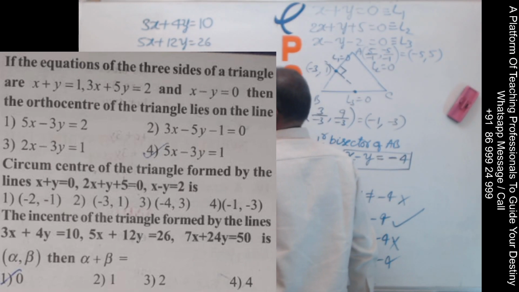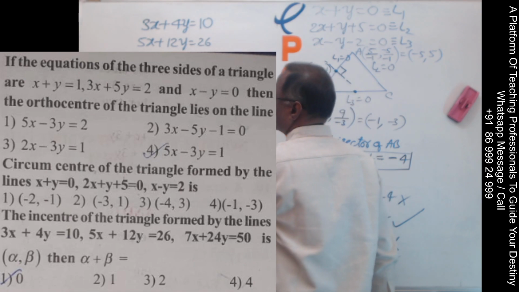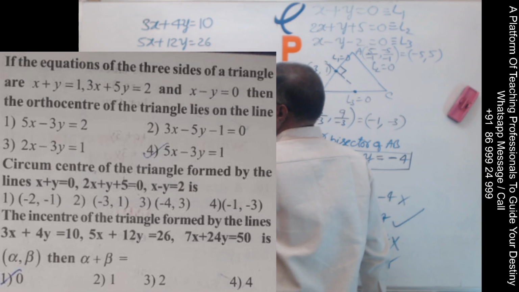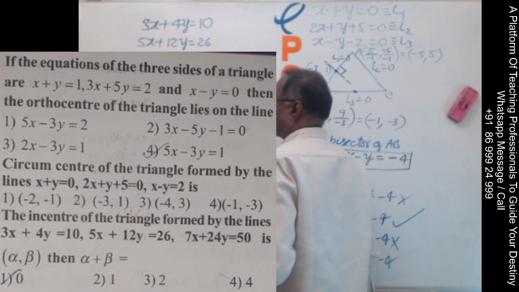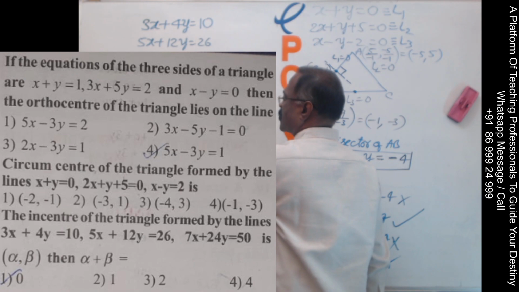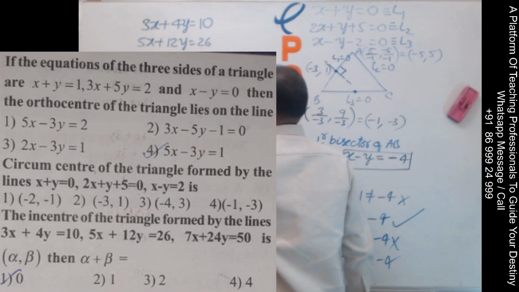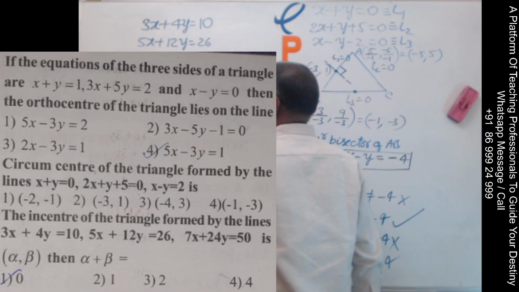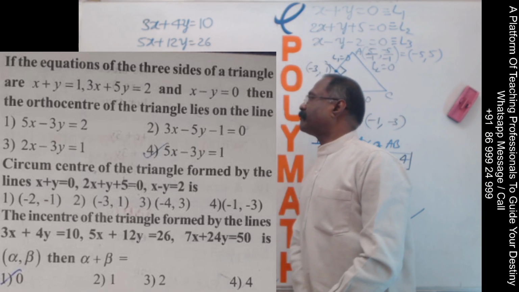The property with regards to incenter is that the incenter is equidistant from the sides. Whatever the distance is here, this is termed as small r, which is inradius, we call it as inradius. This is also small r. This is also small r.